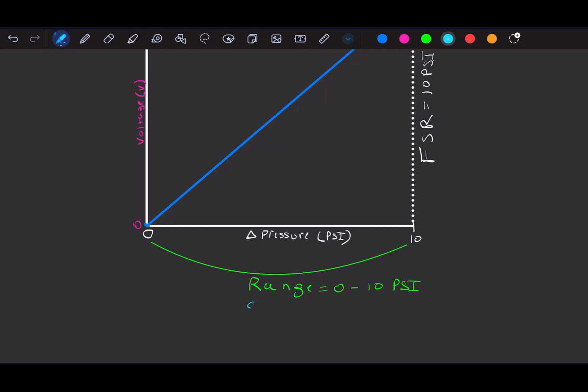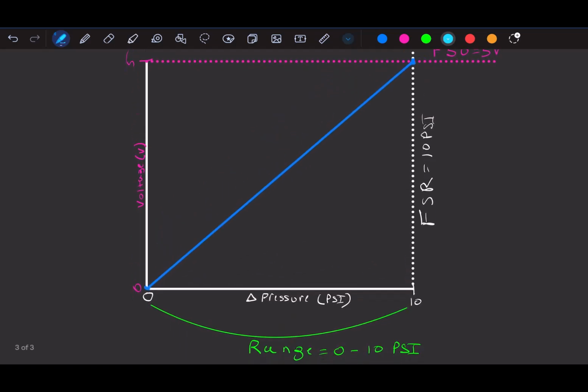And we have something else that we know. We have what we call our span. And the span is the difference in our range. So 0 to 10, our difference is 10 psi. We have the same thing for our output.